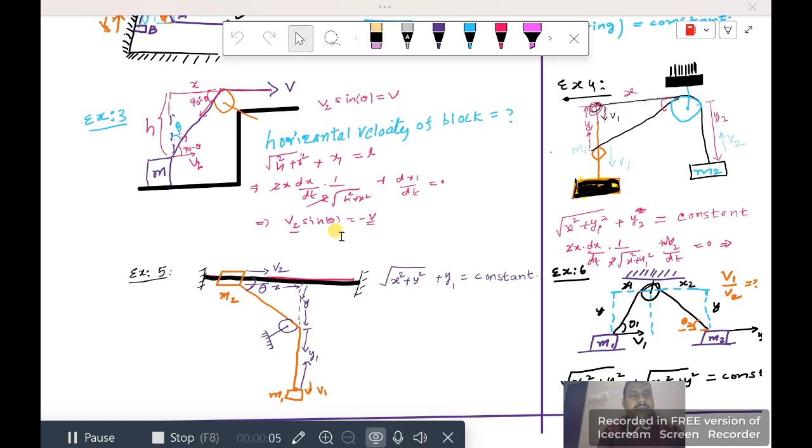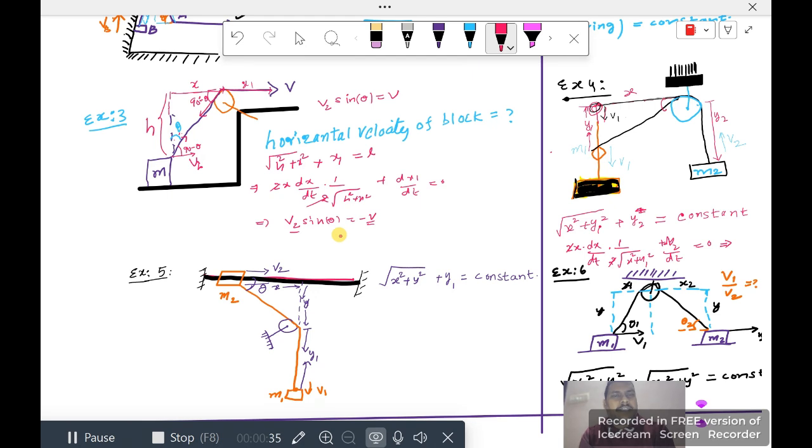So by the length method, h square plus x square. Here h is the vertical height and x is the variable, so dx by dt represents the velocity of the mass. And here this is x1, from here to here, so x1 is the variation of length by pulling with velocity v.